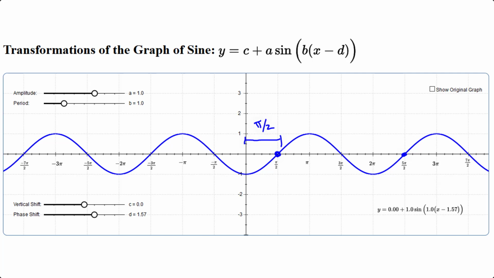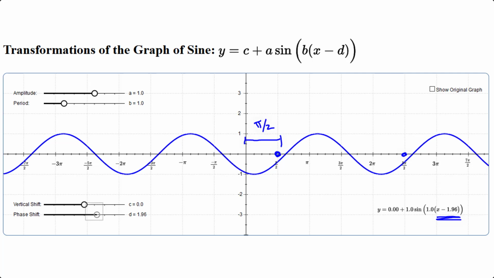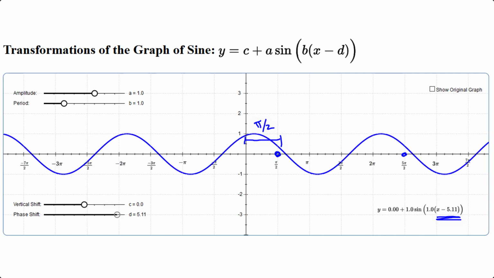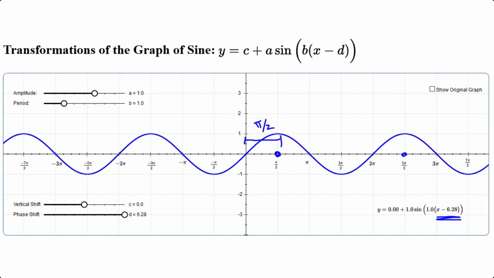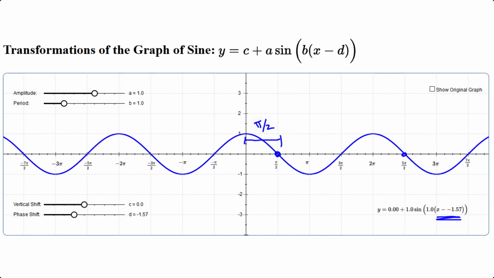So I've just shifted the graph to the right, in this case, by pi over 2. But notice in the formula, it would look like x minus pi over 2 would be a shift to the right. Okay? You can go further. If you go all the way to 2 pi, you basically get the exact same graph that you started with, because everything's just shifted by 2 pi, which is where your wave pattern began in the first place. You can go negative with it. You can shift to the left. Same thing happens.